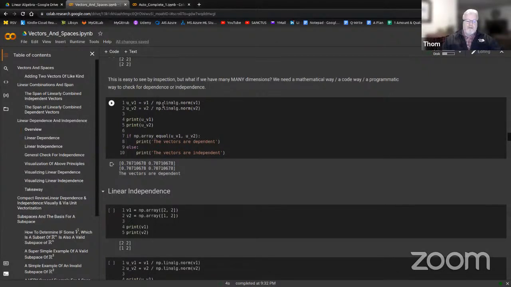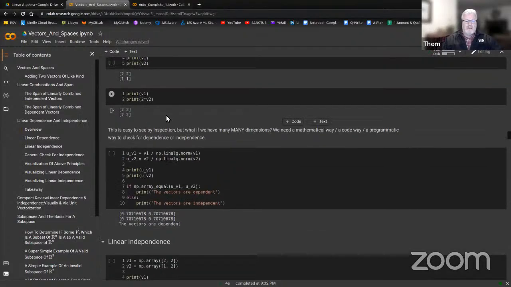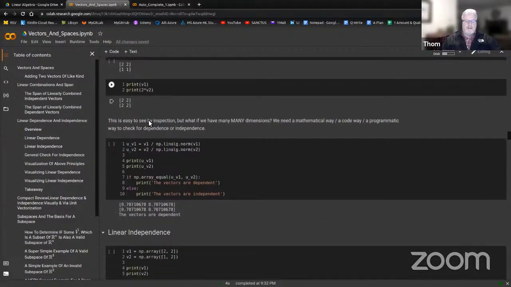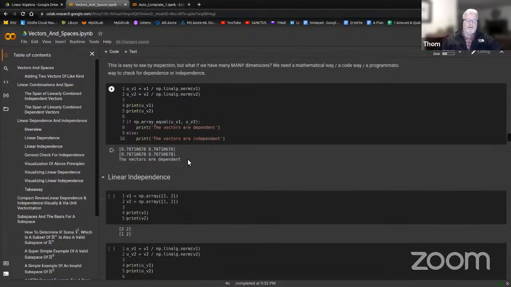So we're dividing these by the magnitude of the vector to get a unit vector, so that this is pointing in one direction and this is pointing in an independent direction. And when we get the unit vectors of these 2 original vectors, we see they're exactly equal. So what we're talking about is dependence is present when you can scale the vectors you're looking at and make them equal.